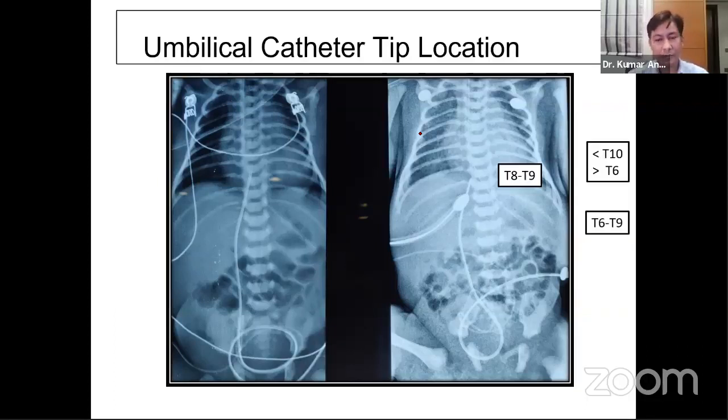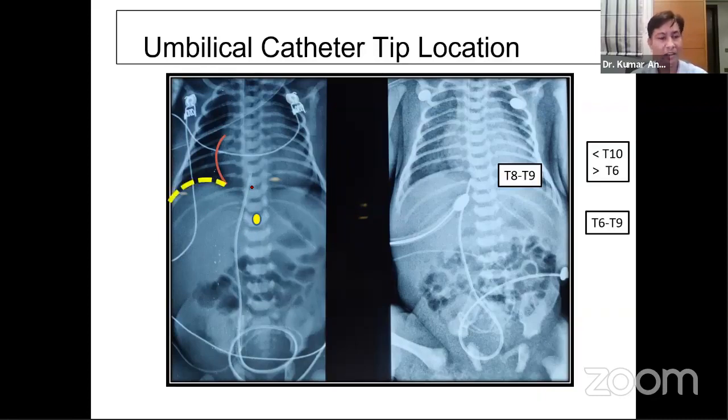So to confirm, the best way is the ultrasound, but on X-ray you should target between T8 and T9 only. To look for whether the umbilical venous tip is in the right position, you have to look for either the T8 vertebra or the right heart margin versus diaphragm. If the catheter tip is near this line, probably it is in the right position.